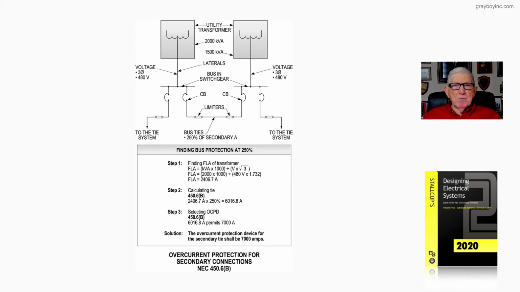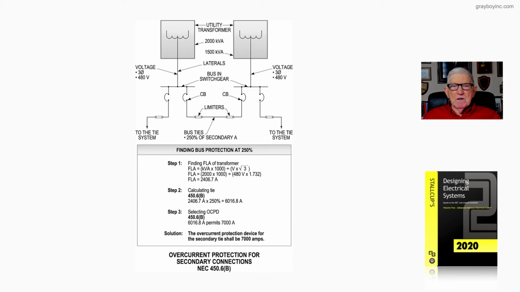When the math is performed, we come up with 2,406.7 amps. Now, step two is the application of the overcurrent protection for the tie in accordance with 450.6(B). 250% is selected times the 2,406.7 amps.